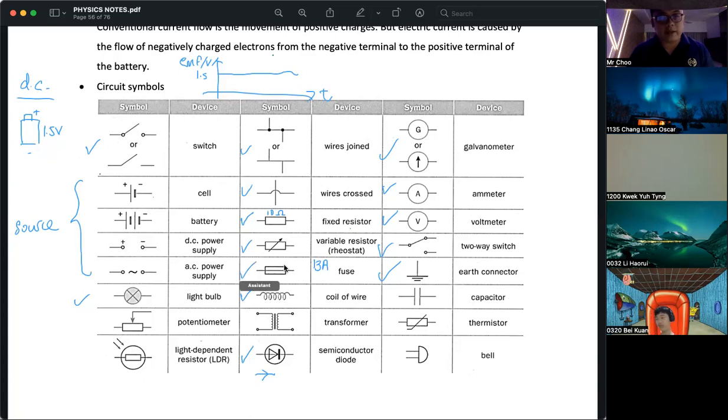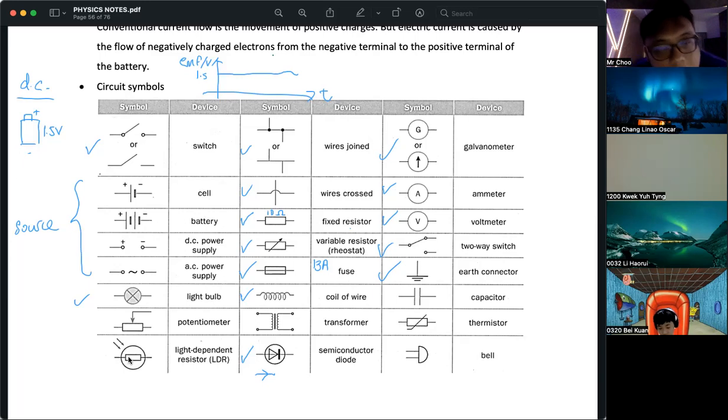The rest of the items, the more important one will be this one. What does this mean? A light-dependent resistor. You can see over here, inside, there's a rectangle. A rectangle is like a resistor. So what happens is this. When there is light, there will be no resistance, understand?